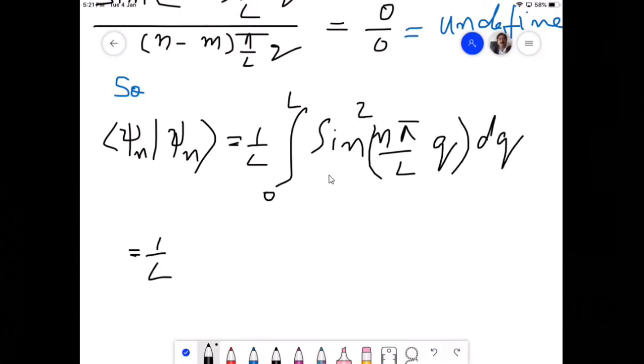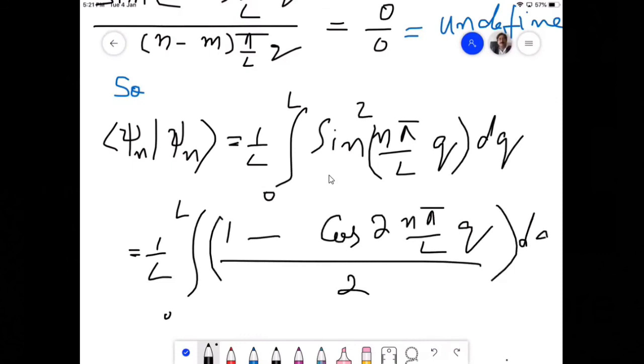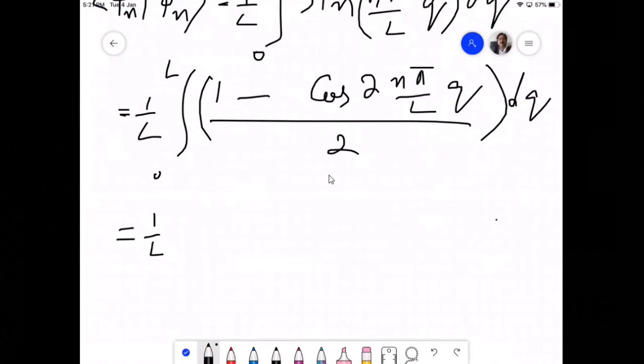Sine square. If you remember, that is cos (2n pi over l q) divided by 2. Sorry, there was a 2.